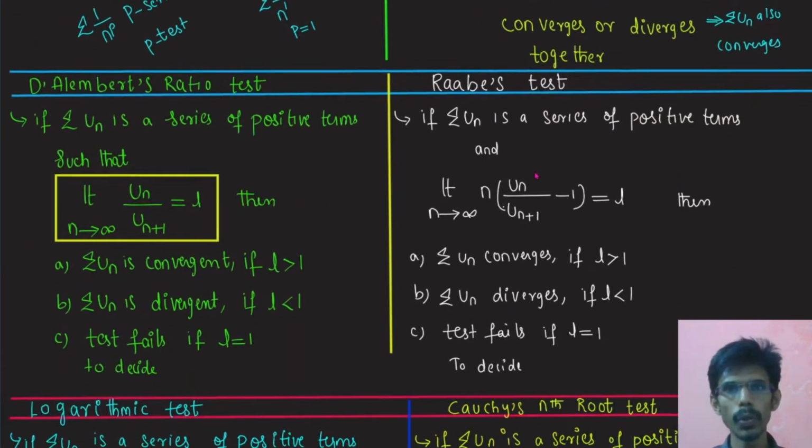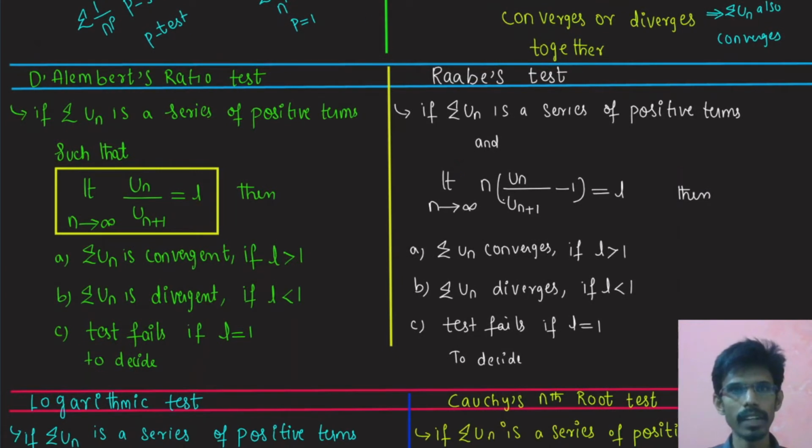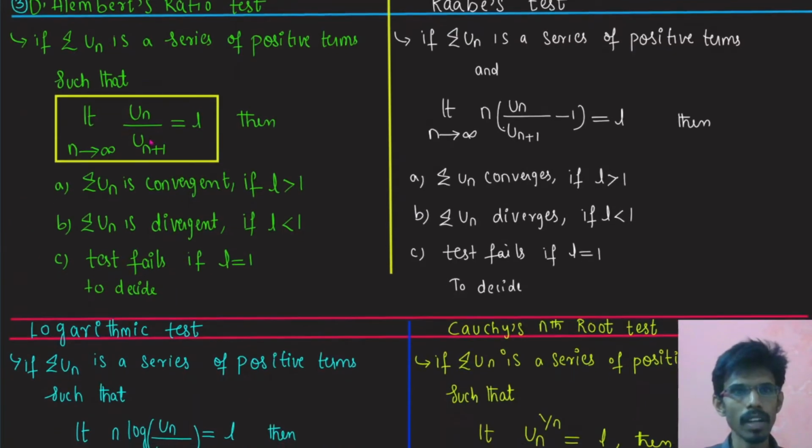Now we move on to the third test, that is D'Alembert's ratio test. See here, sigma un is a series of positive terms such that we find the limit as n tends to infinity.